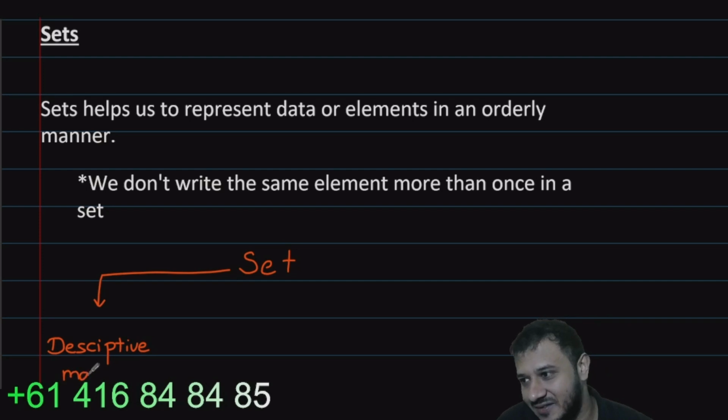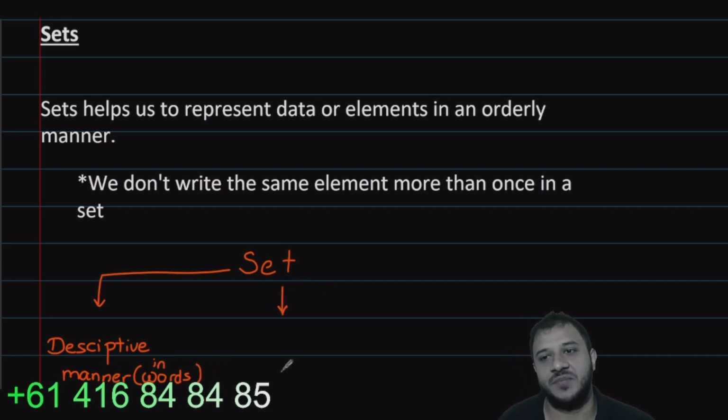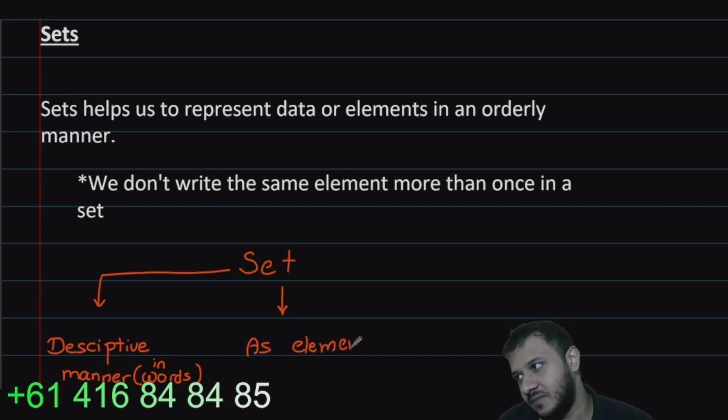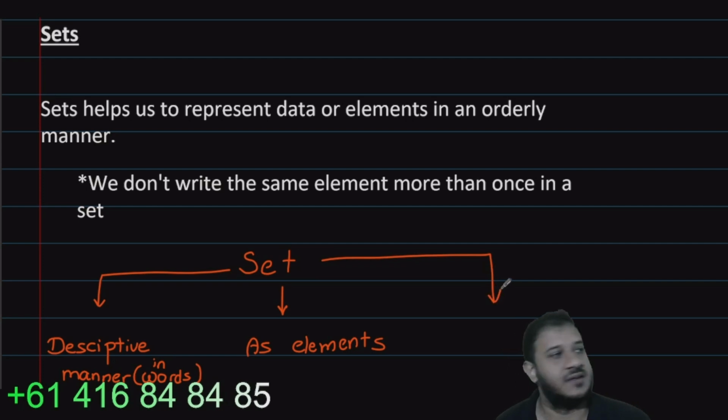Descriptive manner, or in other words, we call it inverse. Or sometimes we can represent sets as elements. And the other way to represent sets is using a Venn diagram.